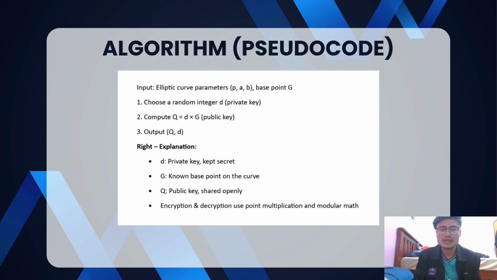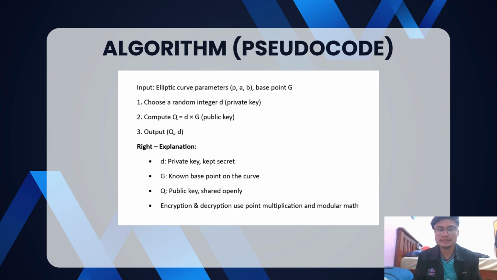And step 3, we then compute the public key by performing scalar multiplication, which is the equation Q equals D multiplied by G. Here, Q becomes the public key, and it is a point on the elliptic curve. The multiplication is done over the finite field using ECC's mathematical rules.